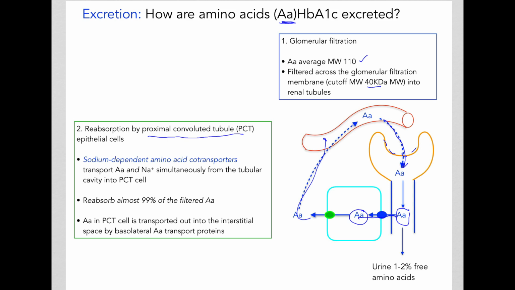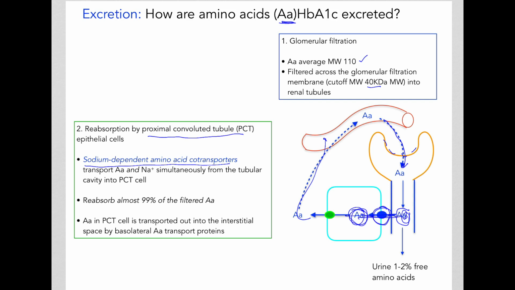And this is done by the help of sodium-dependent amino acid co-transporters. So these transport proteins, called sodium-dependent amino acid co-transporters, will transport the amino acid together with sodium from the tubule into the proximal convoluted cell.